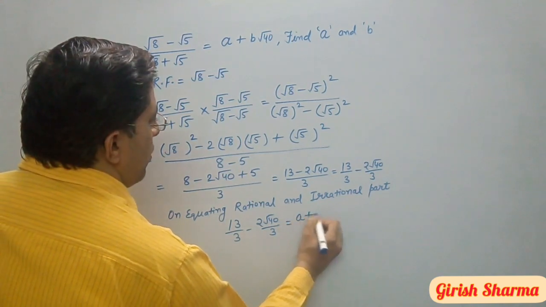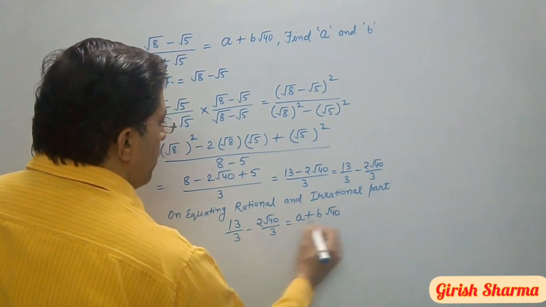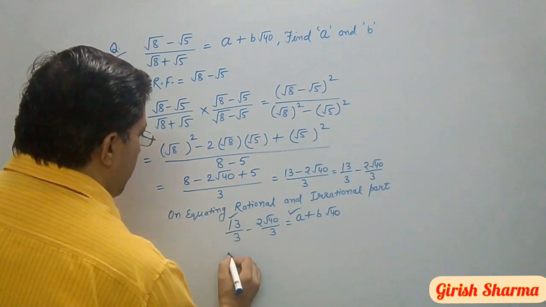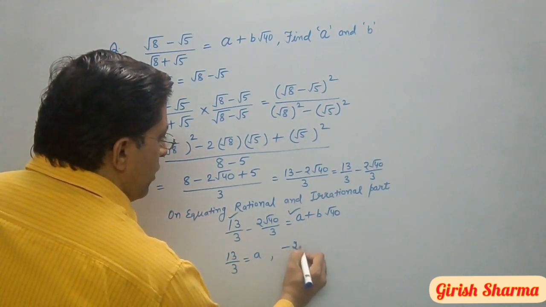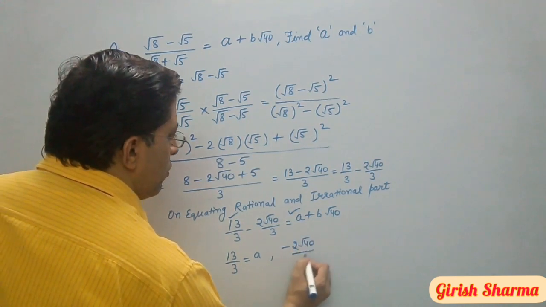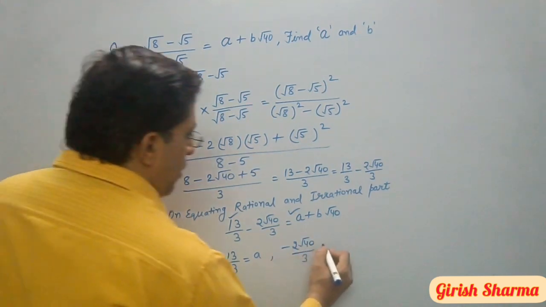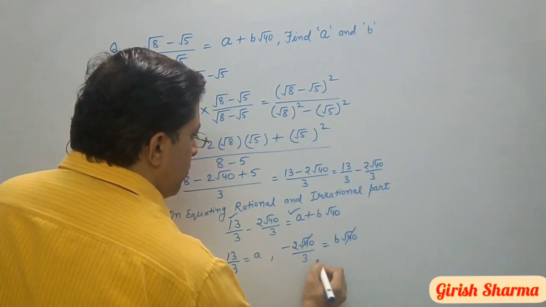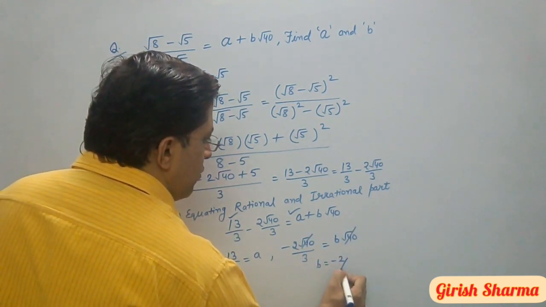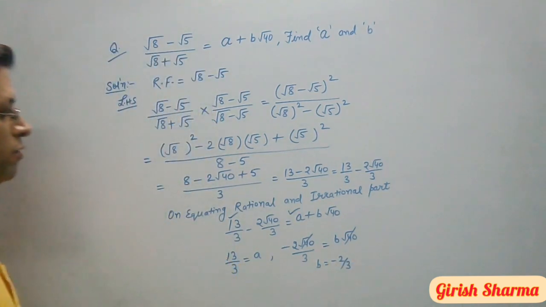This will be a plus b under root 40. So the rational part, 13 upon 3, is equal to a. Then minus 2 root 40 upon 3 is equal to b under root 40. You can cancel root 40. The value of b will become minus 2 upon 3. This is your answer. Now with the help of this, with the help of properties, you can easily get the values of a and b.